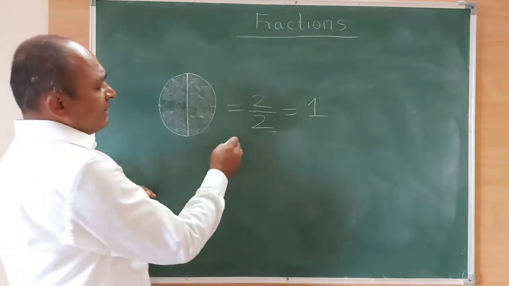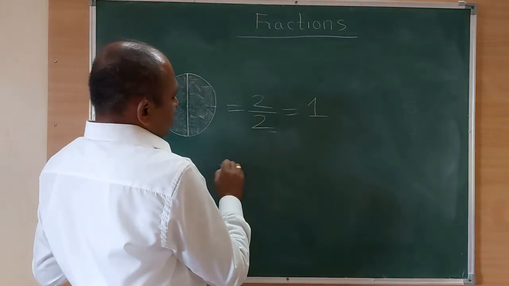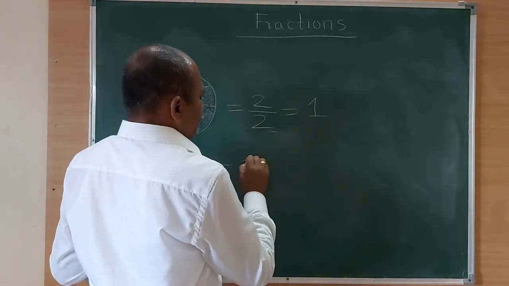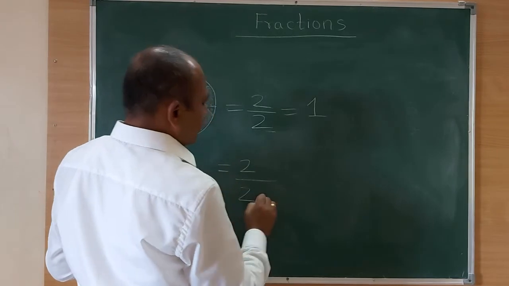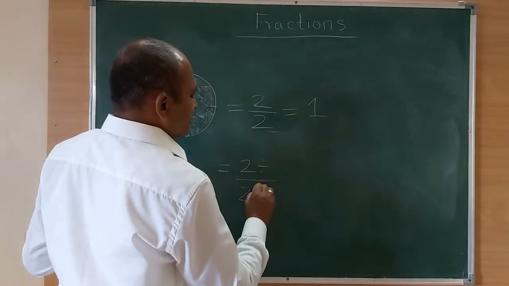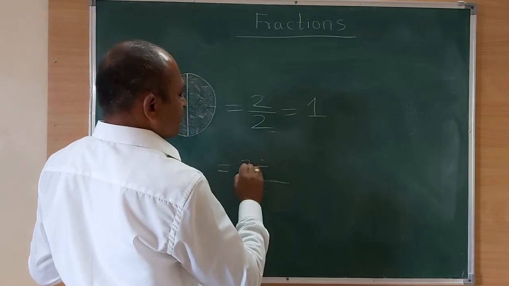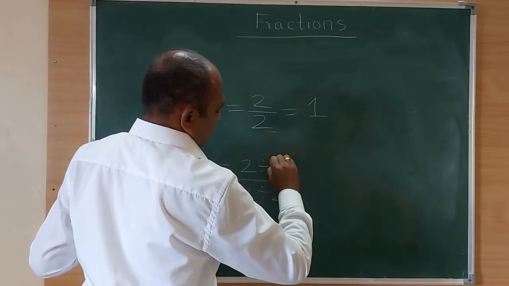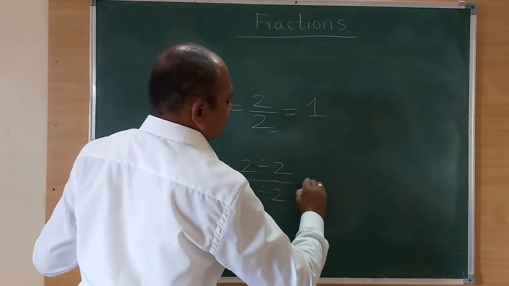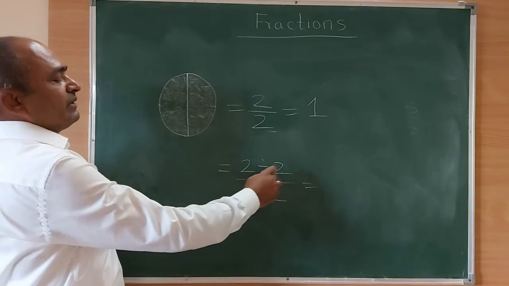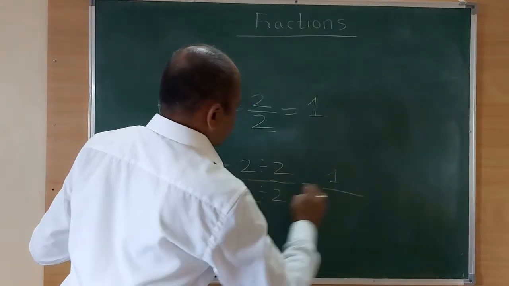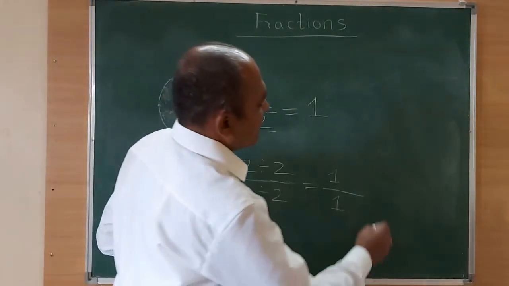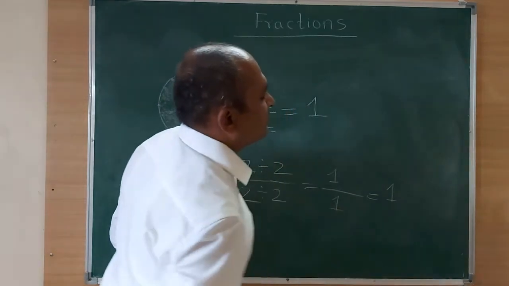And even while converting fractions into equivalent fractions, you saw that when the numerator and the denominator are divided by the same number, the same divisor, suppose I divide this denominator 2 by 2 and the numerator also by 2, then 2 divided by 2 is 1, and 2 divided by 2 is also 1. So here the numerator and denominator are the same, so the value is 1.